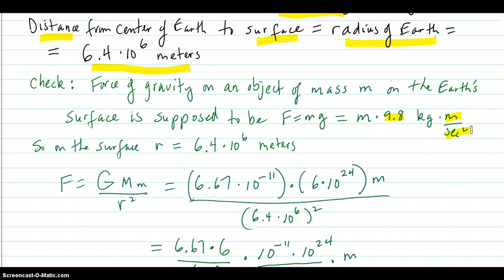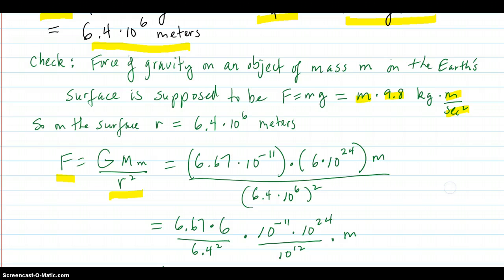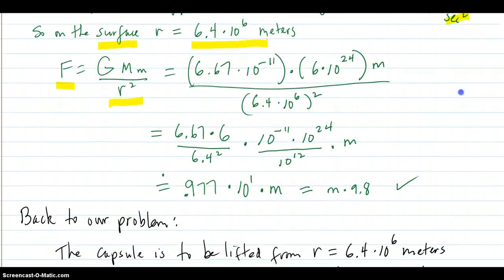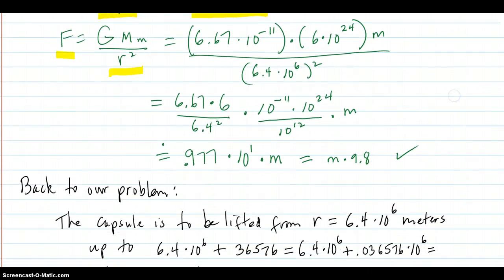So I wanted to see if mass times that would be the result if we plugged it into this force formula, using r as the actual surface of the Earth. So I plugged all the numbers in, and sure enough, everything came out to be 9.8 times the mass that we already had. That's exactly what it's supposed to be.